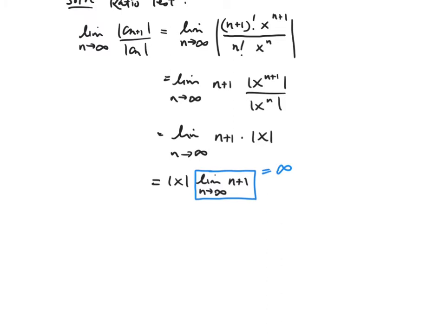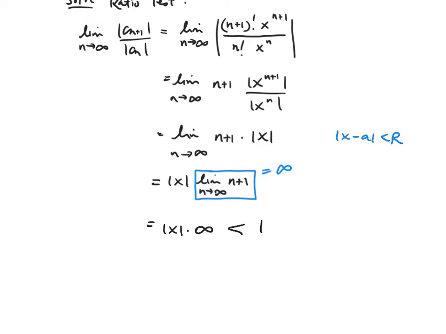But what I'm going to do is carry this through in a similar format as to the previous question. I want to basically associate this with the statement x minus a less than r. So I'm going to write this in a particular way. I'm going to go absolute value of x times infinity less than 1.